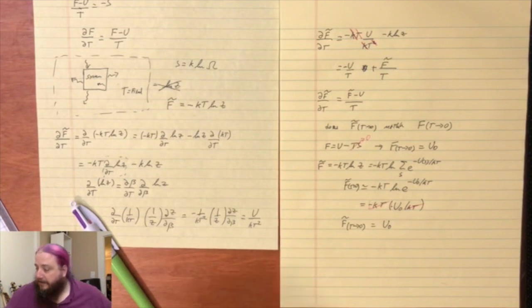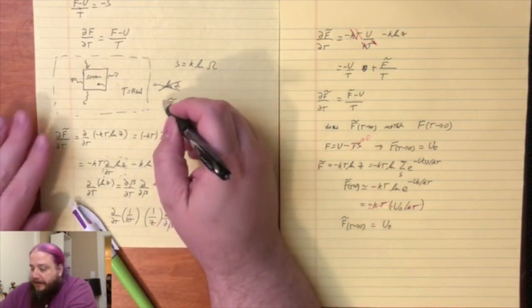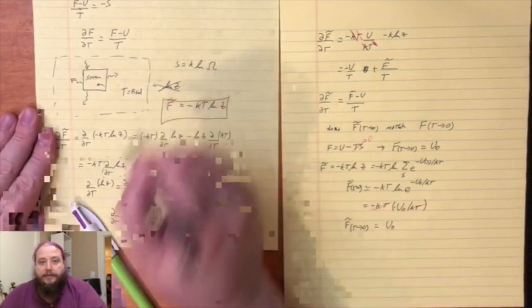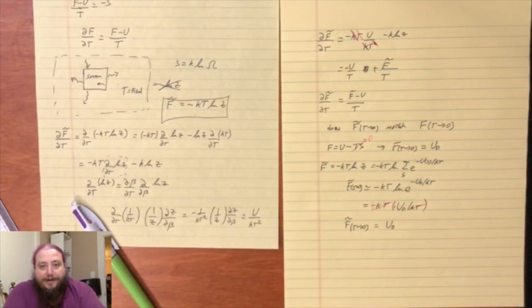So yes, this guess right here, that the Helmholtz free energy is minus kt times the logarithm of the partition function, does indeed seem to be borne out by our analysis here.